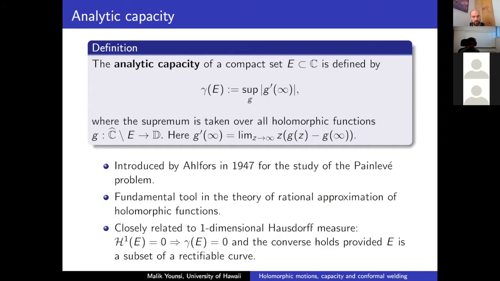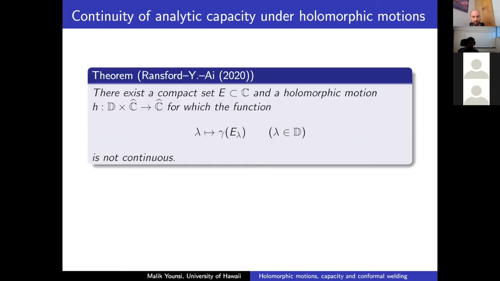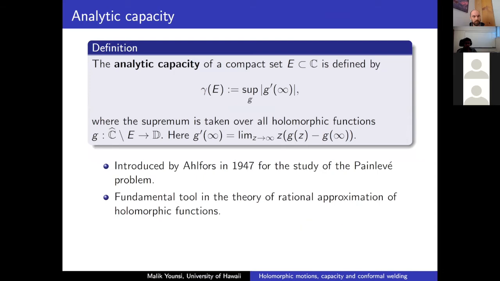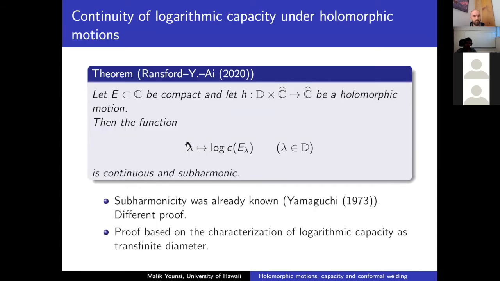Okay, so how do you study the analytic capacity of a set under a holomorphic motion? Well, we were able to prove the following result. It's a negative result. We showed that there exists a compact set E in a holomorphic motion, again fixing infinity, for which the analytic capacity does not vary continuously. So that's a negative result that you can compare with the positive result for logarithmic capacity.